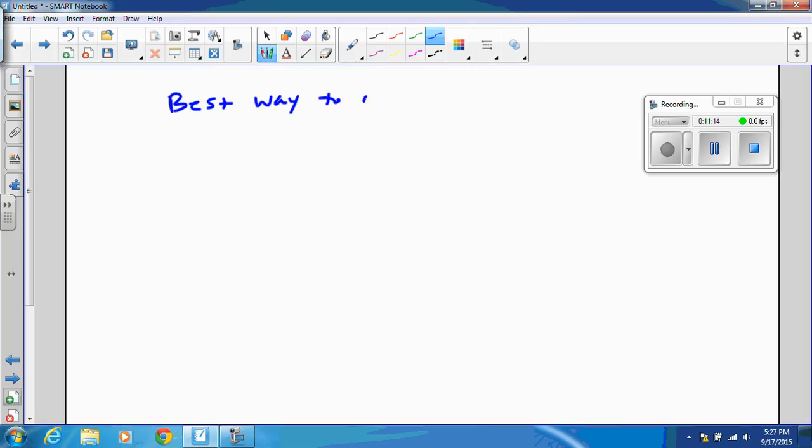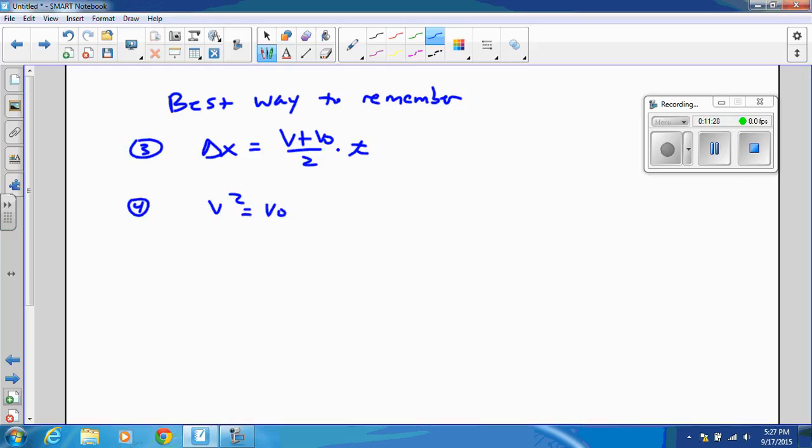The best way to remember delta x equals v plus v0 over 2 times t, which was our third equation that we just generated, and our fourth equation, v squared equals v0 squared plus 2a delta x, is to derive them using algebra a couple of times for yourself.